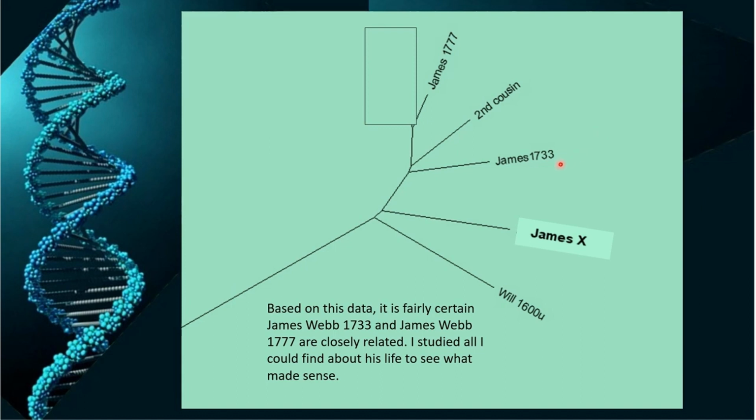So I went back to James 1733, studied what I could find about him, and see if there was anything about his life that might give us a clue as to what's going on.